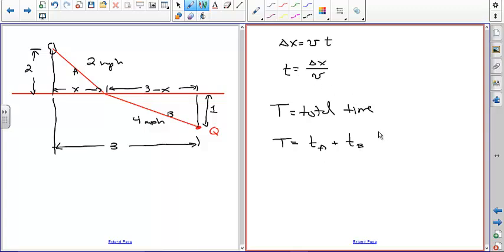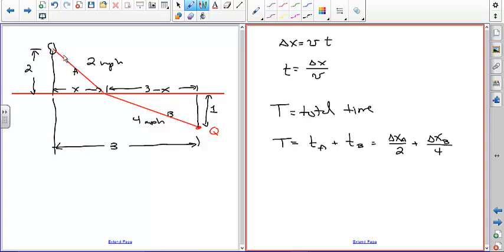And the time is going to be equal to the displacement for part A divided by the speed, which is 2, plus the displacement for part B divided by 4. So there's our individual times as the total time. The total time is the thing we're trying to minimize in this case. And these distances we can figure out in terms of x.